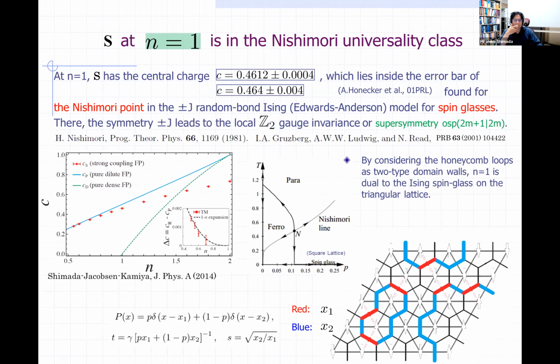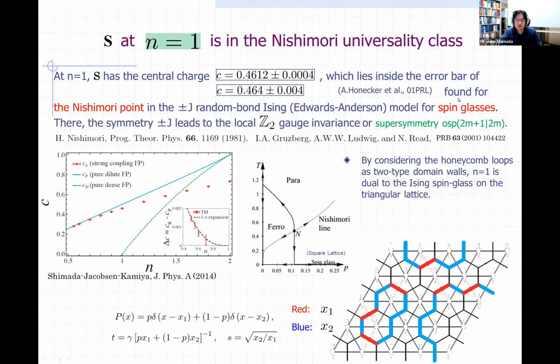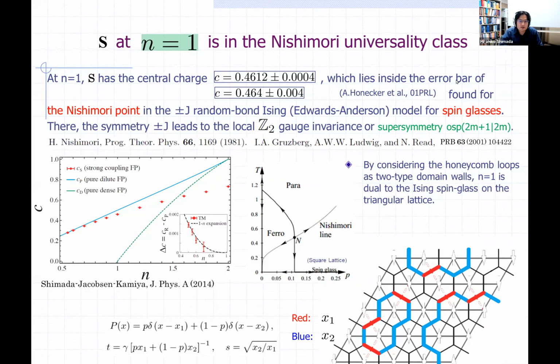So we have measured the effective physical central charge to this accuracy, 0.4612. And we have no analytical derivation for this value. It was computed in a slightly different context by, for instance, Honecker et al. It was found in the Edwards-Anderson model, plus-minus J random bond Monte Carlo, a very similar model for spin glasses.